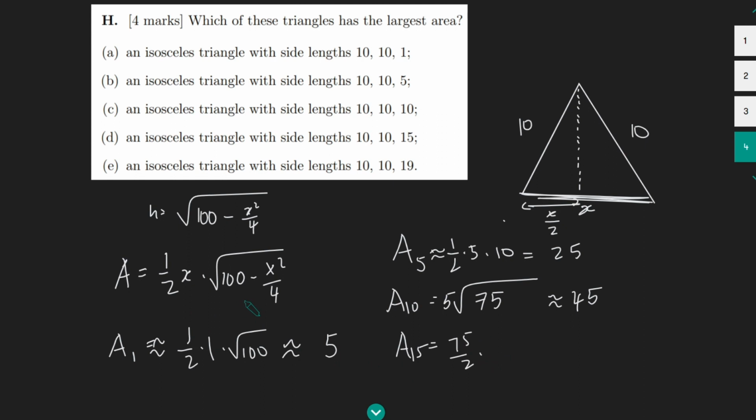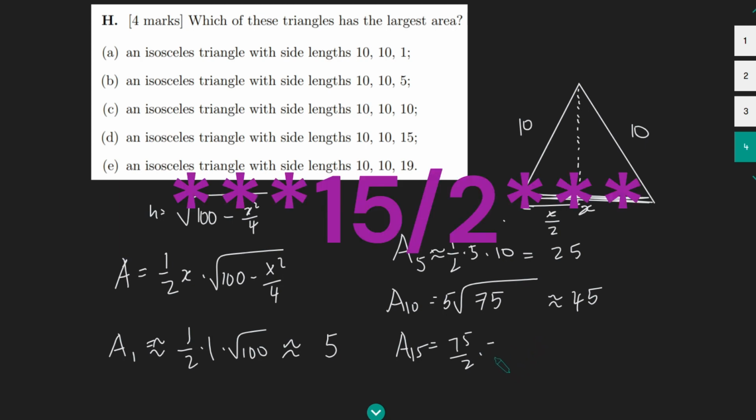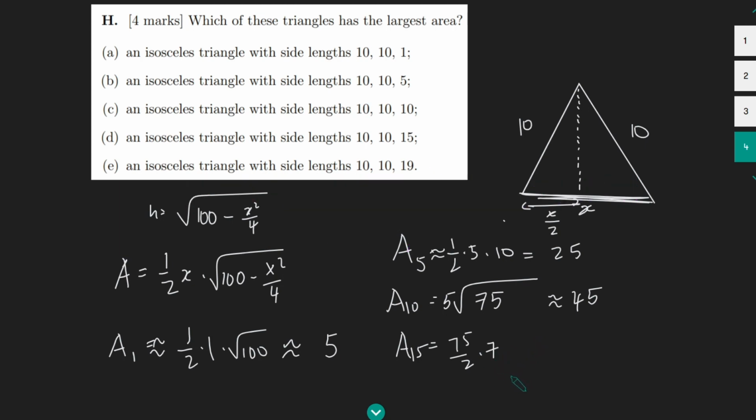Well, 15 squared is 225, which is roughly 224, and if I divide that by 4, I get 56. So 100 minus 56 is roughly 44, and so the square root of 44 is roughly 7. So this is going to be 15 over 2 times roughly 7, and so that's 7.5 times 7, which is bigger than 50. Okay, so that's pretty good.